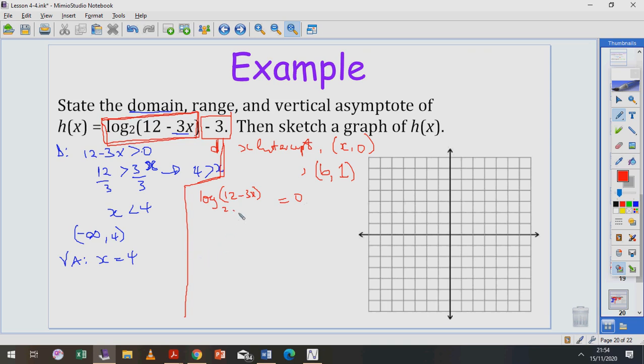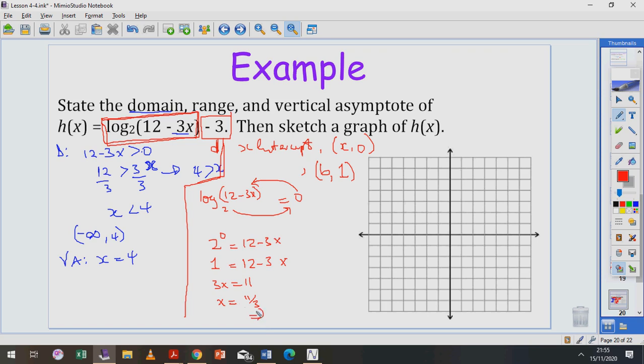If that is equal to 0, then using this idea, I'll have 2 to the power 0 is equal to 12 minus 3x. 2 to the power 0 is the same thing as 1. 12 minus 3x. If I simplify this, I have 3x is equal to 11, so x equals 11 out of 3.